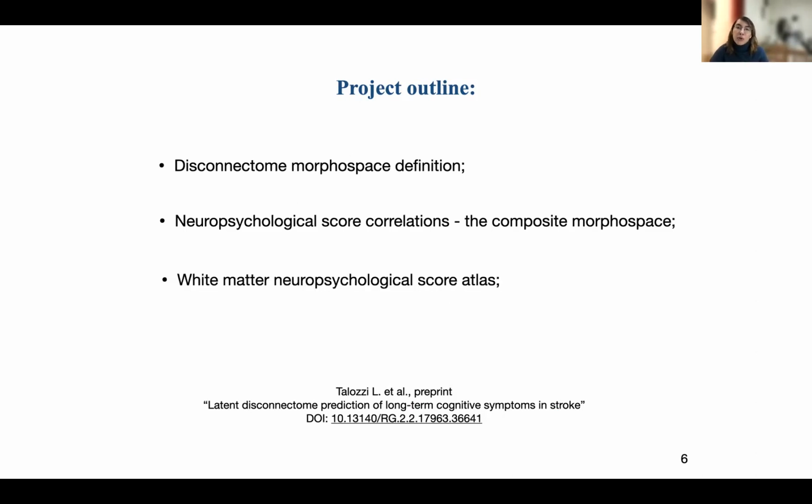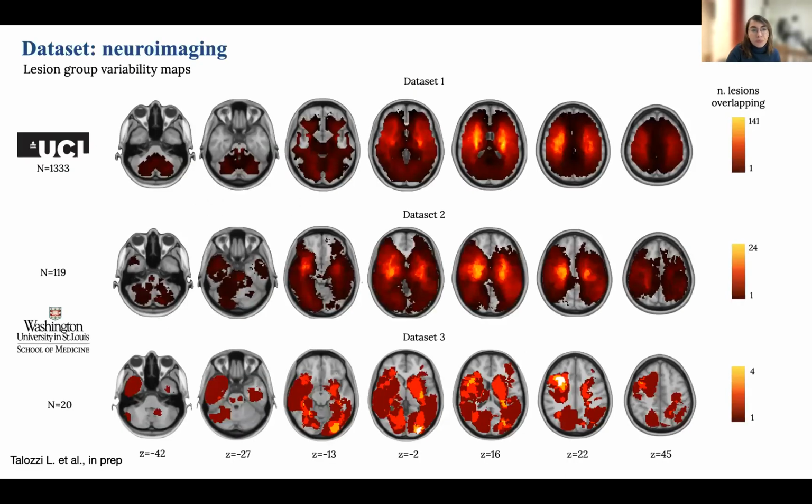Then we also will create a white matter neuropsychological atlas to see where the predictions of the clinical outcomes are related to the white matter structures. And then I'm going to show you how this model can be translated into a web application that will serve for clinical research studies.